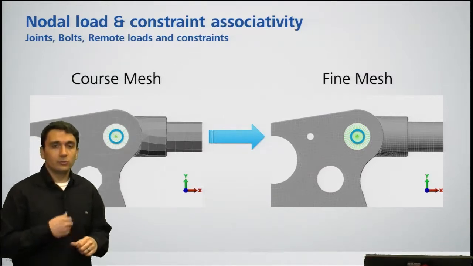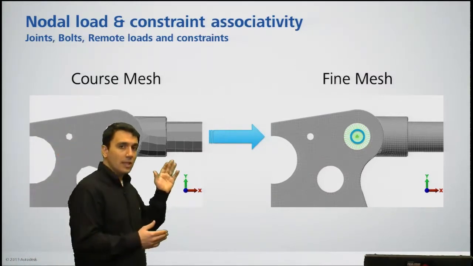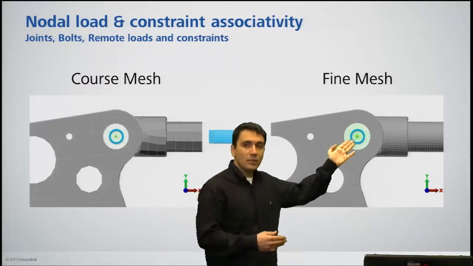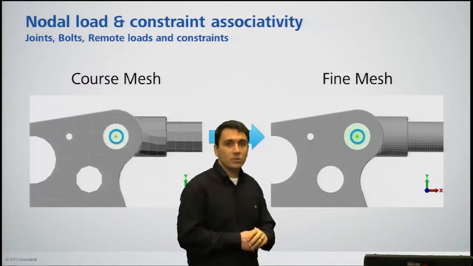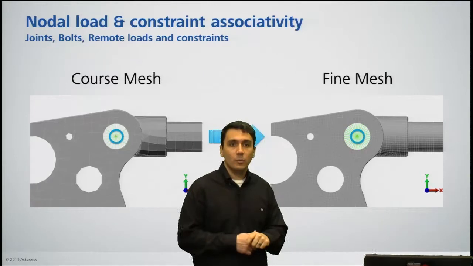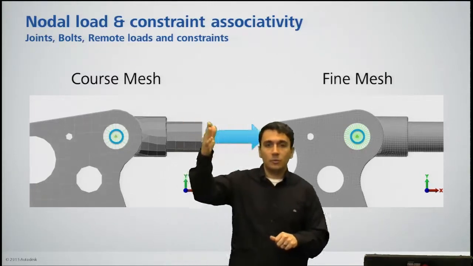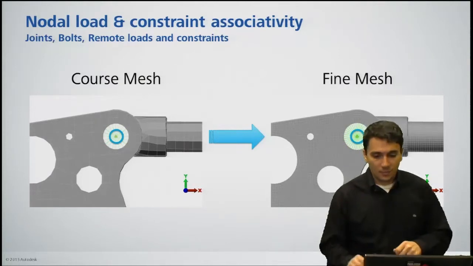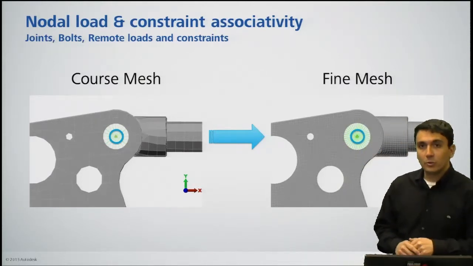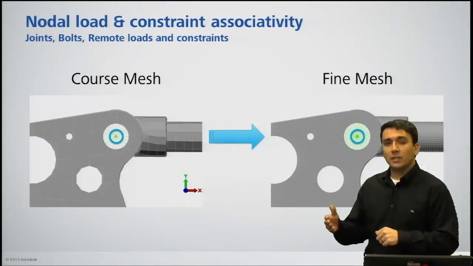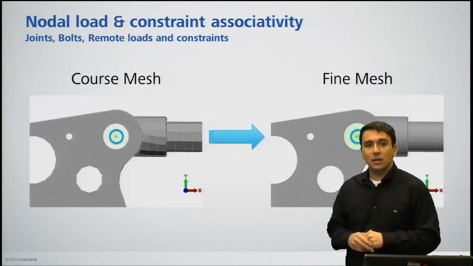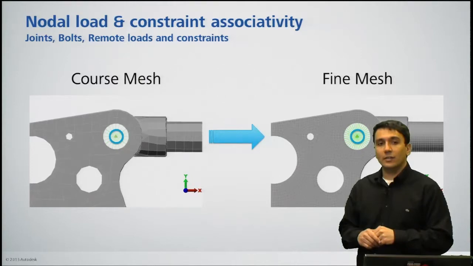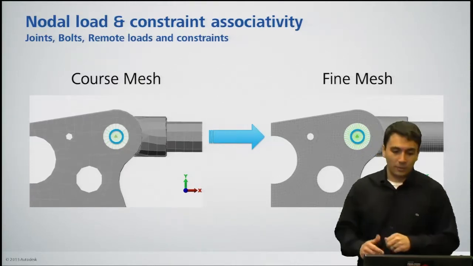And whenever you remesh your geometry, so in this case I go from a coarse mesh to a fine mesh, we will automatically assign those loads and boundary conditions to the center points of bolts, joints, as well as some remote coordinate that you've picked in space. And this will allow you to try what-if studies and mesh convergence studies with higher accuracy. Now let's take a quick look at how this works in the software.